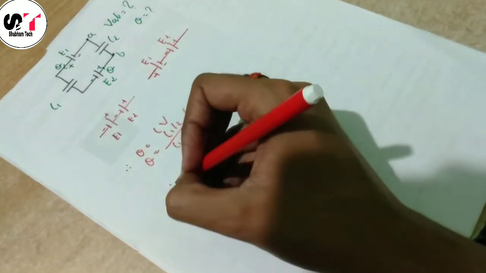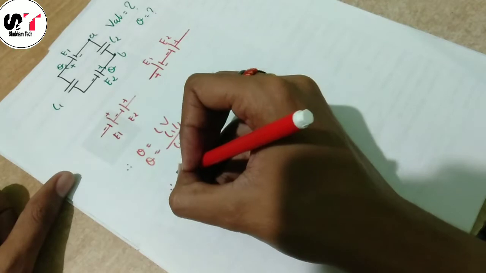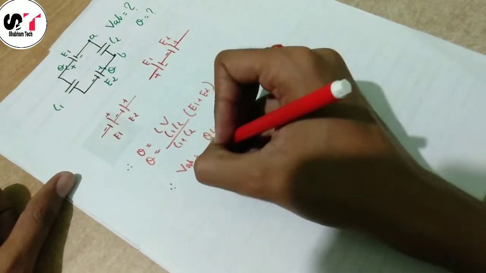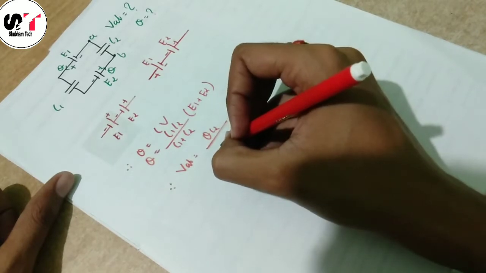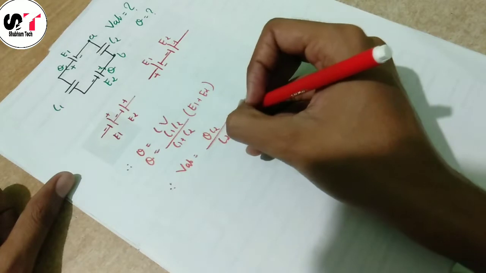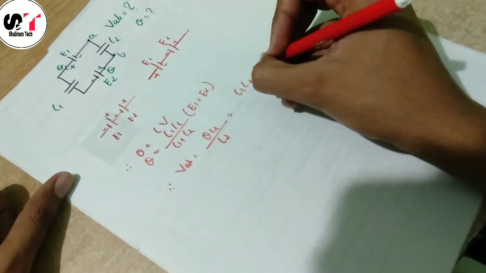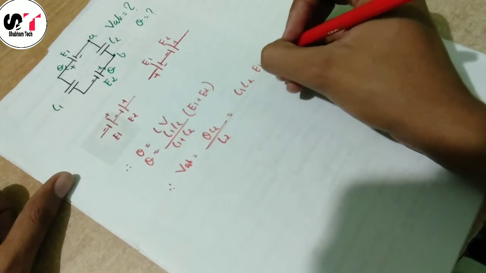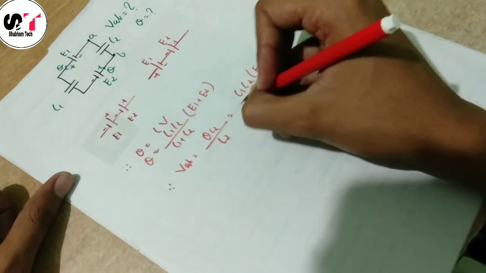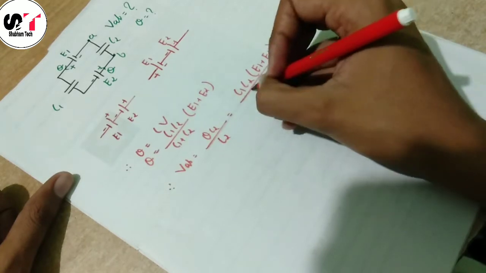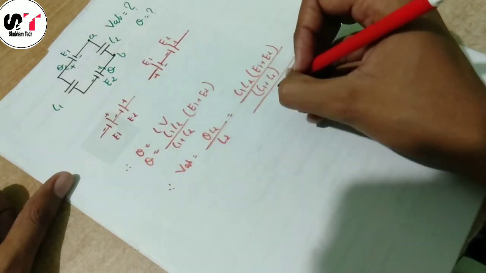Now the potential across the A and B terminal is equal to Q divided by C2. Now Q is C1 C2 (E1 plus E2) divided by C1 plus C2, divided by C2.